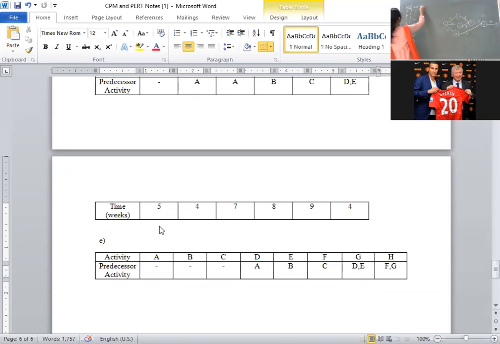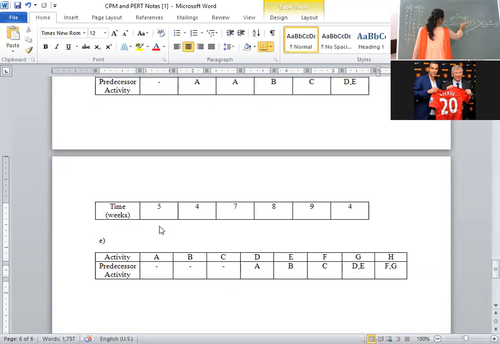For example, assume the activity durations are given in terms of days: 4, 7, 1, 2, 5, 3, 2, 4. How to write this? A of 4, B of 7, C of 1, D of 2.